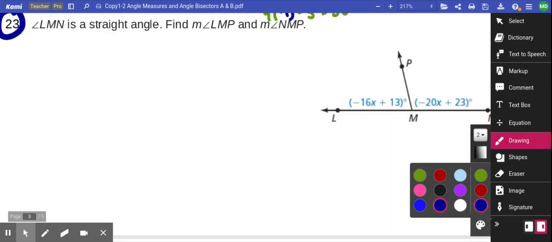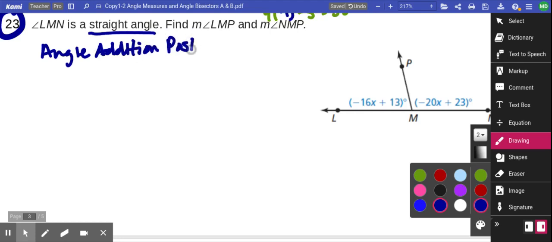Straight angle. We are still going to use our angle addition postulate. We know the two pieces of our whole angle is equal to our straight angle.